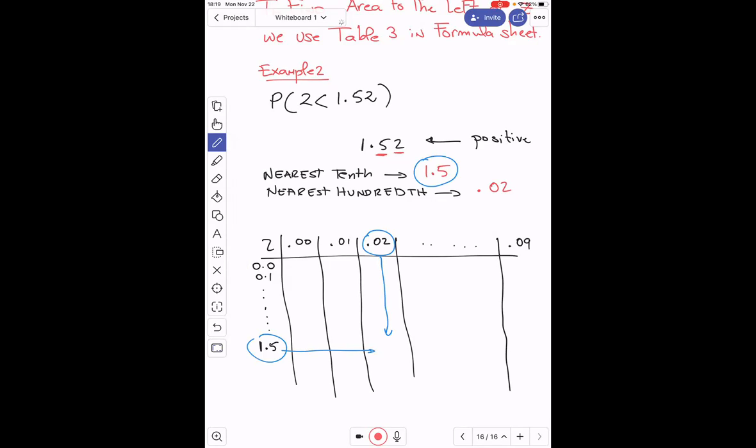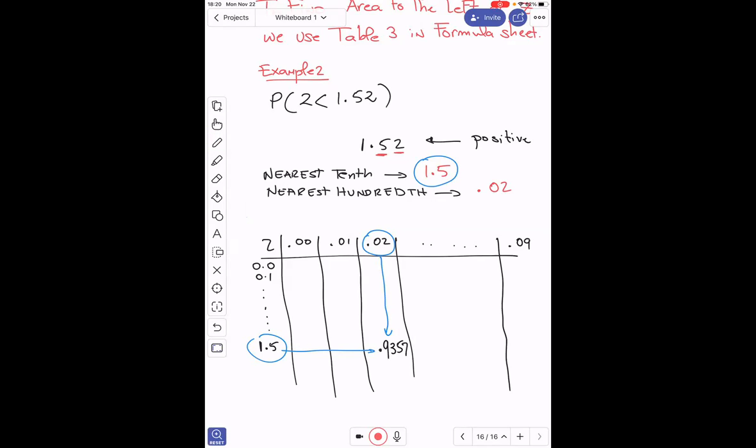So for 1.52, any guess, guys? I don't know if you have the 93.57. 93.57. Thank you. Absolutely. Let me just double check. Yeah, 93.57. Thank you so much. So this is 0.9357.